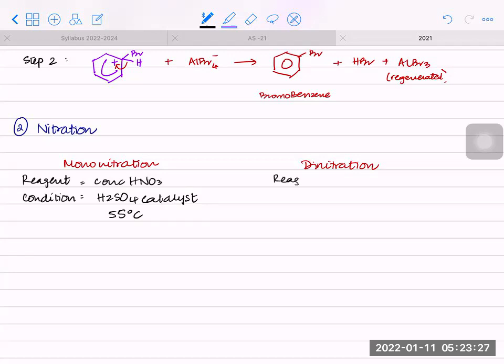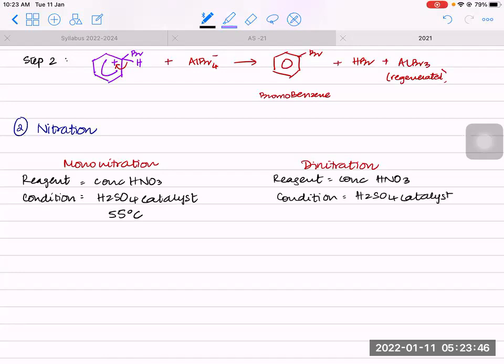For dinitration, the reagent is the same. You have concentrated nitric acid. The conditions, however, are slightly different, in terms of temperature. So you need sulfuric acid as catalyst, and this is at temperatures above 60 degrees Celsius. Clear?